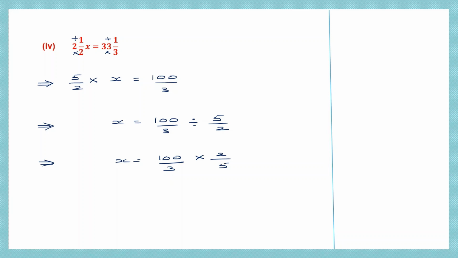Then we can cancel. 5 ones are 5. Then 5 into 20 is 100. So now we have to continue to solve for x. x is equal to, multiply the numerators. 20 into 2 is 40. Denominators, 3 into 1 is 3. So this is 40 by 3.